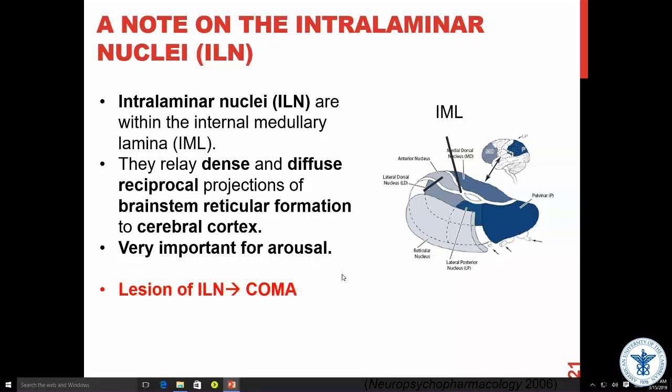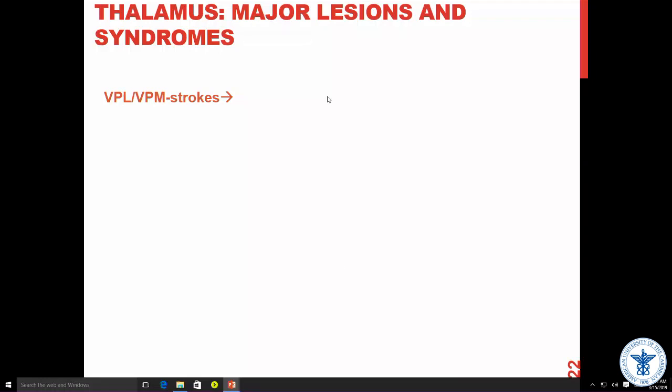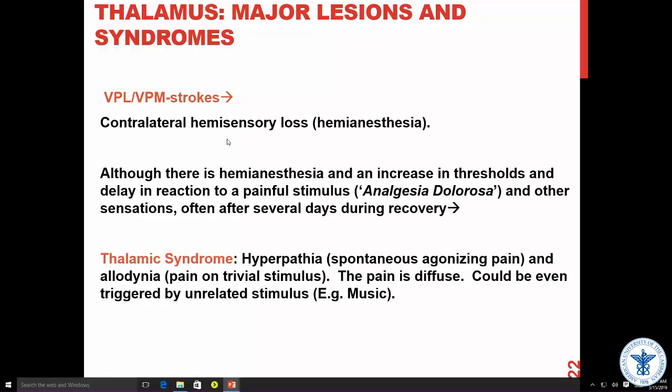Okay? Now that being said, last bit, you can have strokes of VPL and VPM. You're going to lose sensations because VPL, VPM are involved in somatosensations, pain sensations coming from the contralateral side. VPL for the limbs, VPM for the mouth, for the face, right? Of course, people lose sensations.